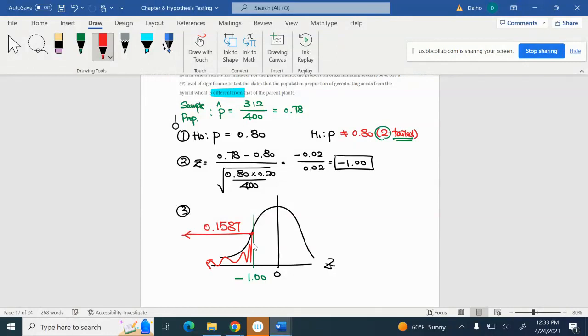It is 0.1587, but we stated it's not equal to, so just simply take twice. Do not apply 1 minus, but take the left tail, one tail, then twice. How much will be the twice? 0.3174 is the p-value.